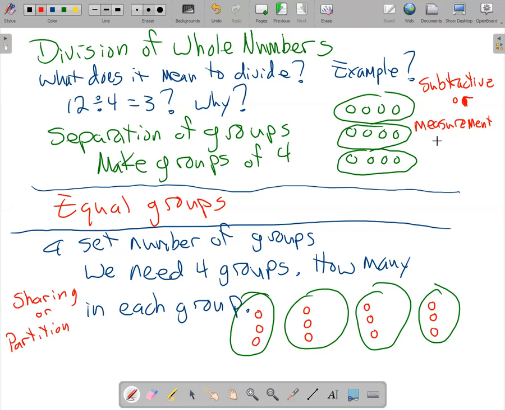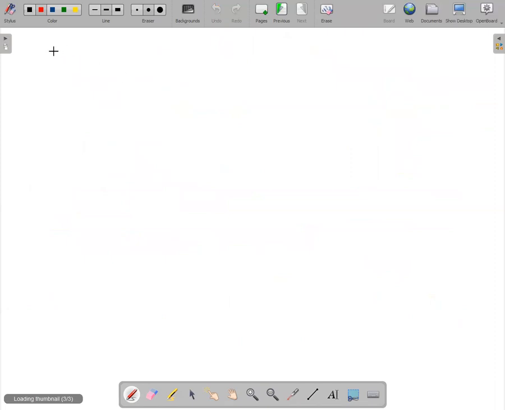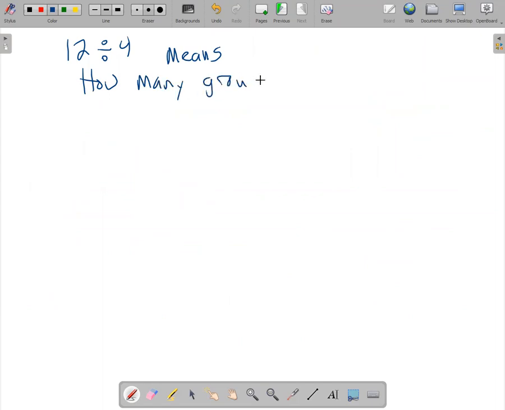So for example, coming back to this subtractive one, I could say 12 divided by 4 means how many groups of 4 are in 12.